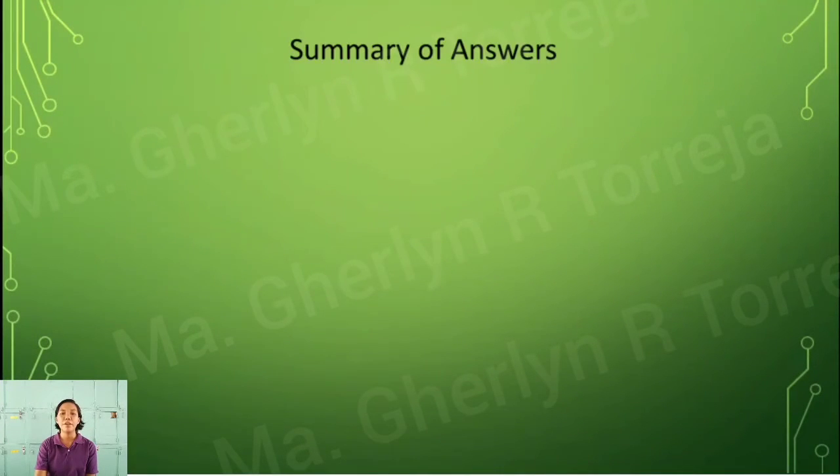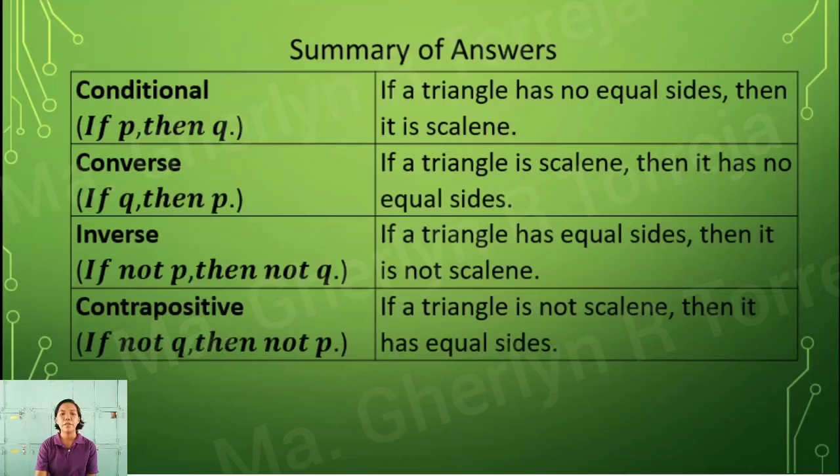Okay, for the summary of our answers, we have conditional statement. If a triangle has no equal sides, then it is scalene. For the converse, babalik na rin lang. If a triangle is scalene, then it has no equal sides. And for the inverse, ininegate natin, if a triangle has equal sides, then it is not scalene.